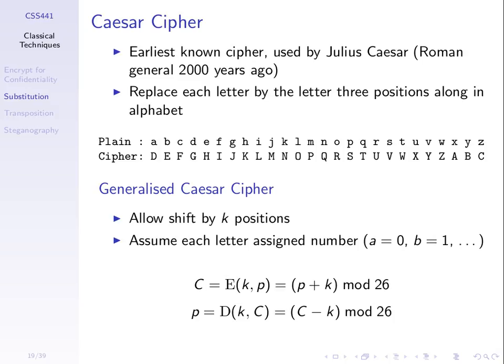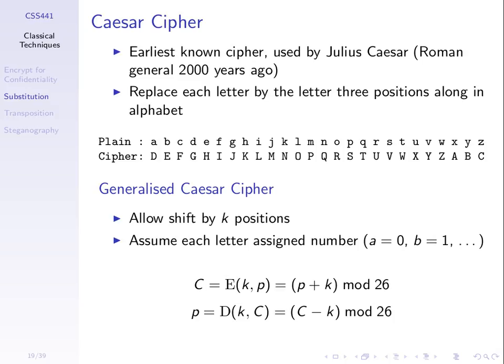So if your first letter of your plain text is A, then the output ciphertext letter will be D. It's 3 positions, 1, 2, 3 to the right of A. If the second letter of your plain text is T, then the output ciphertext, the second letter, will be 3 positions to the right, will be W. And this just shows the direct output in 2 lines.